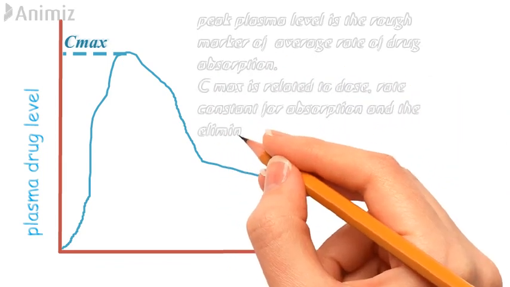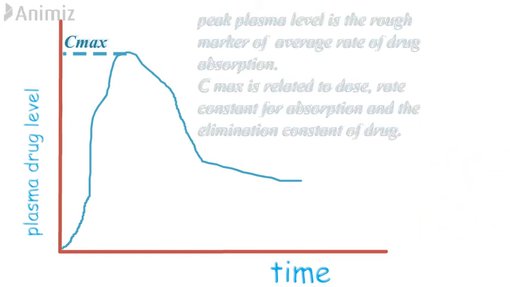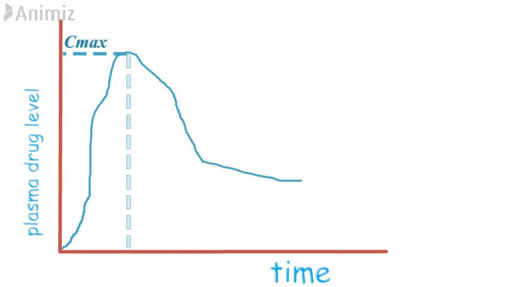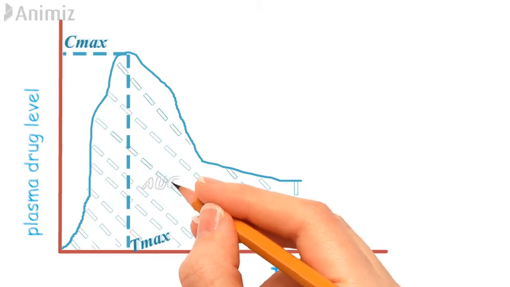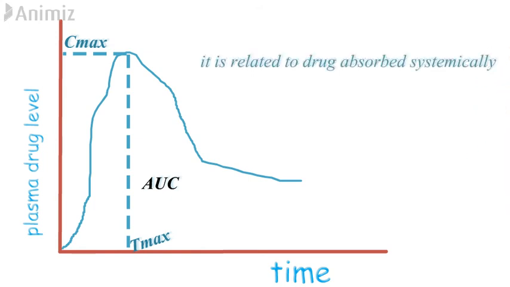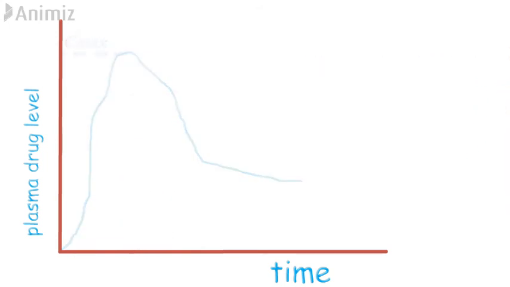Cmax is related to dose, rate constant for absorption, and elimination constant of the drug. Time for peak plasma level, that is Tmax. It is the time to reach Cmax. AUC. It is related to the drug absorbed systemically. These are the parameters which we can derive from this drug concentration time curve.